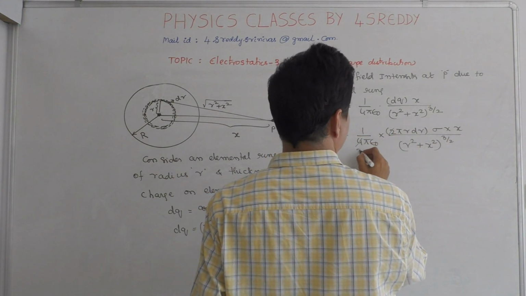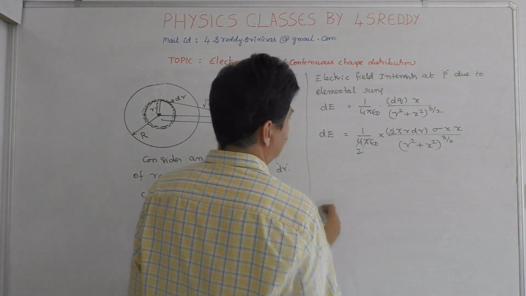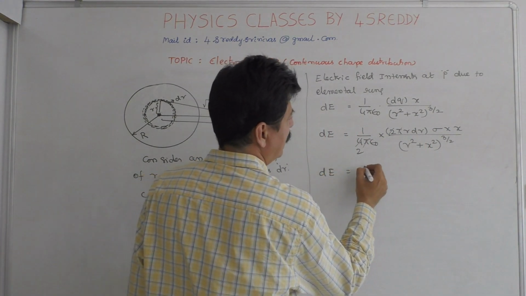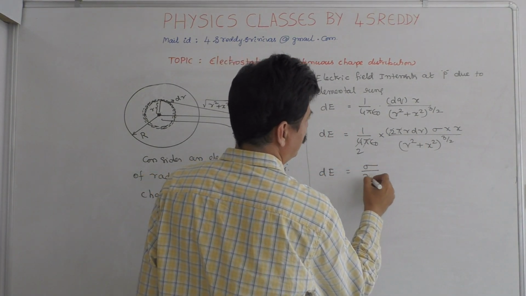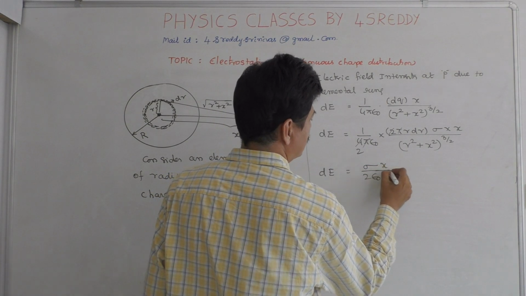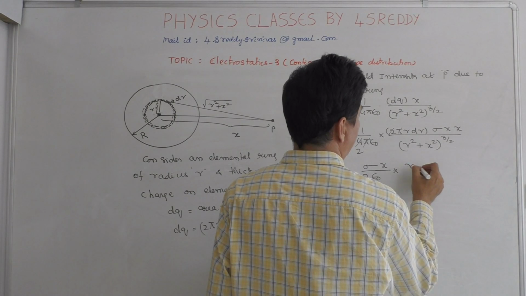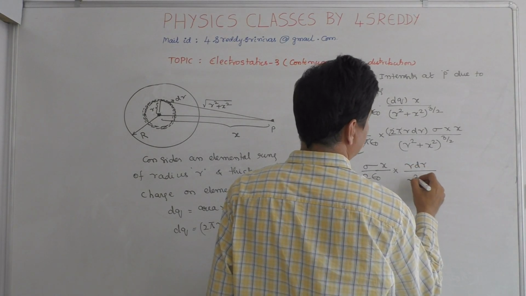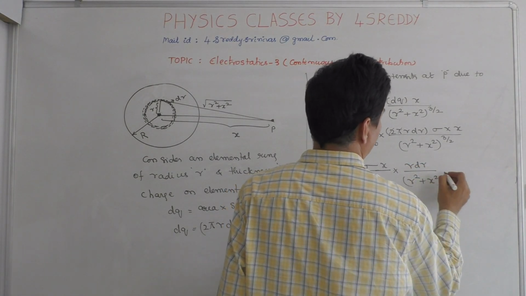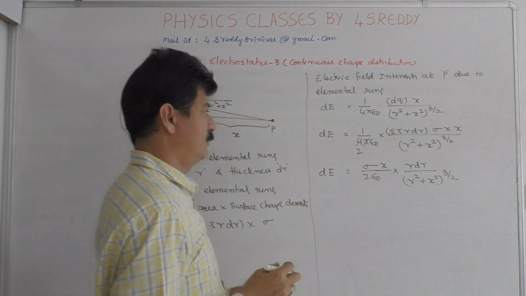Then this 2 pi cancels. Therefore, dE is given by sigma x by 2 epsilon naught into r dr by (r square plus x square) whole power 3 by 2.